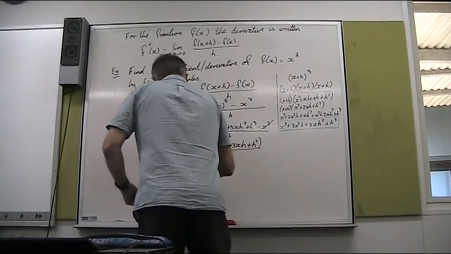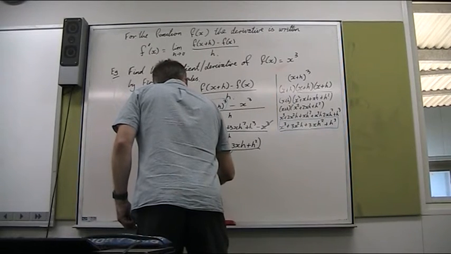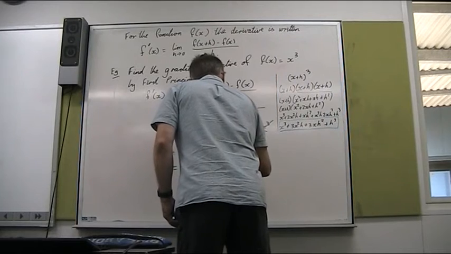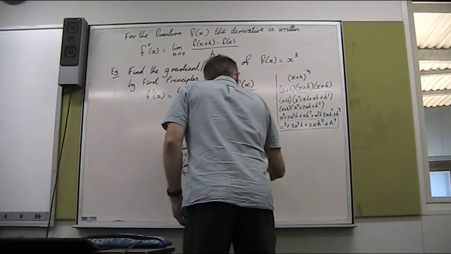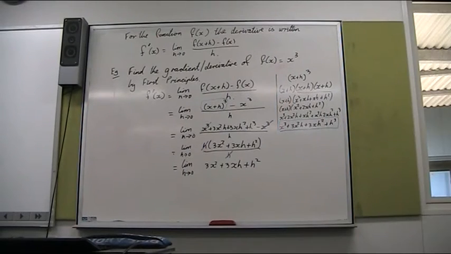All right, so now we've got the limit as h tends to 0 of 3x squared plus 3xh plus h squared. All right, one last step.